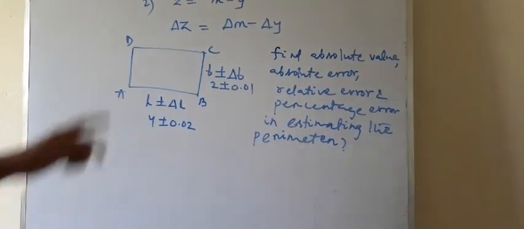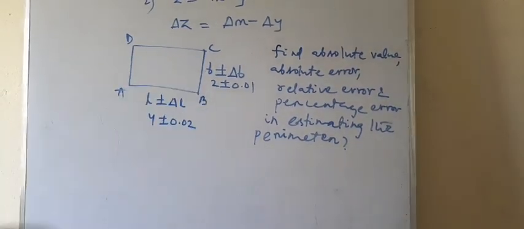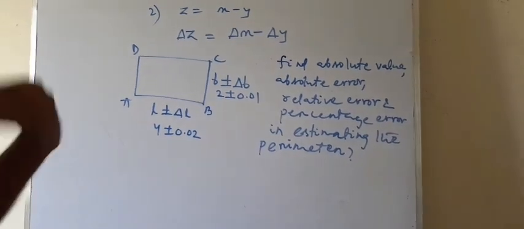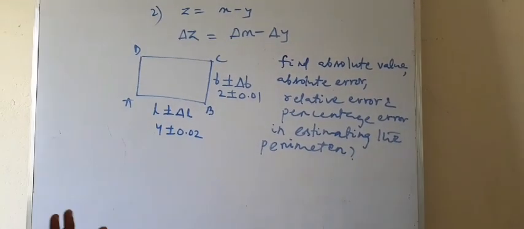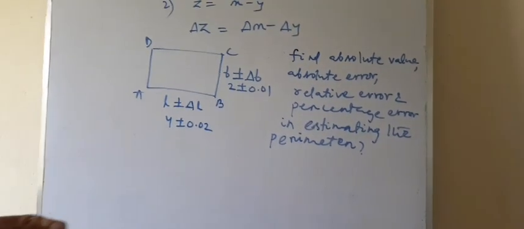So I want to estimate the perimeter of the given rectangle ABCD whose length and breadth values are given along with their absolute errors. So I have to find the absolute value of the perimeter, absolute error in estimating the perimeter, relative error, and percentage error in estimating the perimeter.